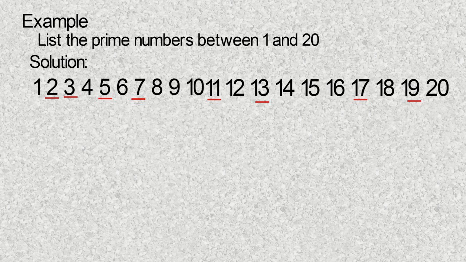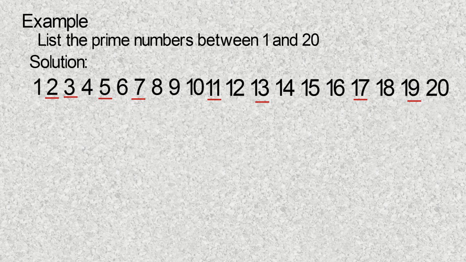Let's see. 1, 3, 5, and itself. 15 has 4 factors, so 15 is not a prime number. 16 is an even number, so it is not a prime number. 17 has 1 and 17 as factors, so it has 2 factors, so 17 is also a prime number. 18 is an even number, so it is not a prime number. 19 has 2 factors, 1 and 19, so it is a prime number. So 20 is an even number, so it is not a prime number.